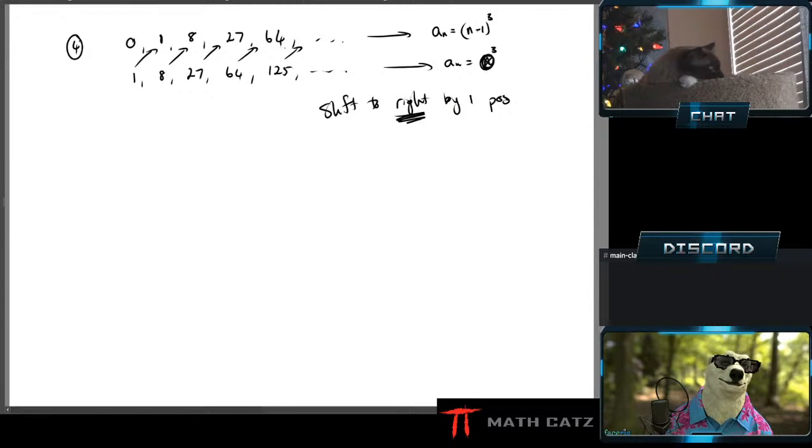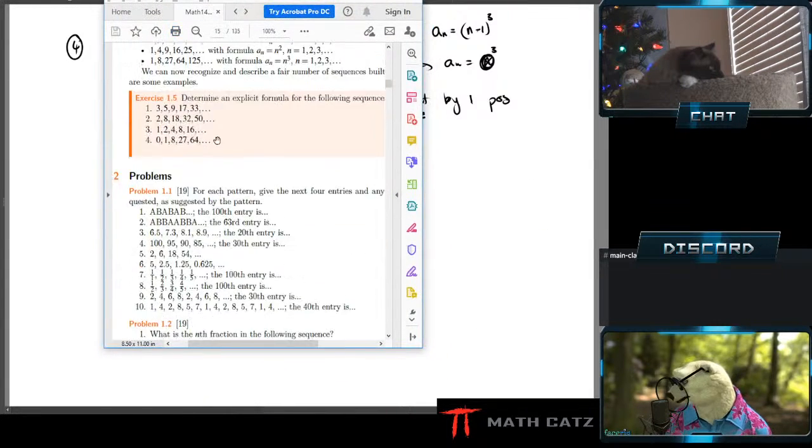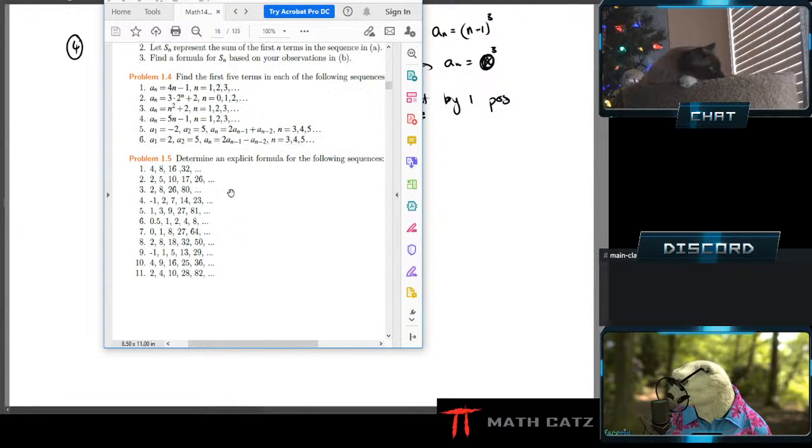Now, as you do the problems, I'll show you real quick here, problem 1.5. As you work through all 11 of those, by the end of that, you should be much more comfortable than you may feel right now. We can certainly talk about these tomorrow, but in general, I do encourage you and expect you to work on something first. If you just say, oh, can you do problem 3 for me, and I do it for you, it seems much easier than it actually is, and I could do you a disservice when it comes to the test, right?